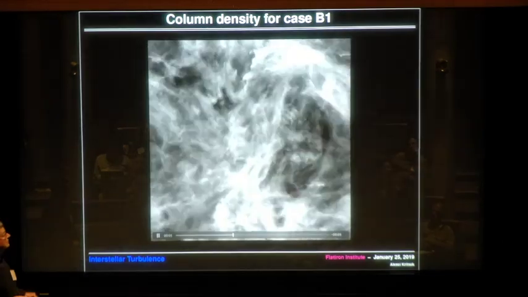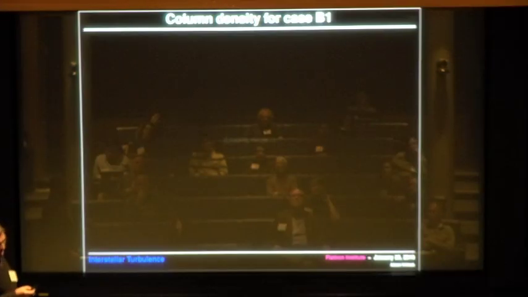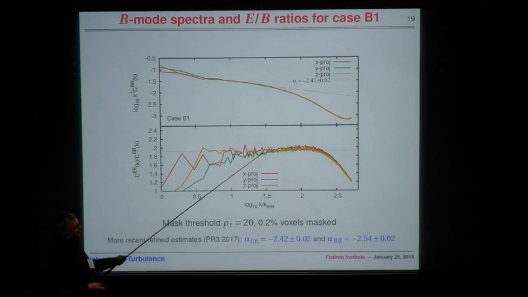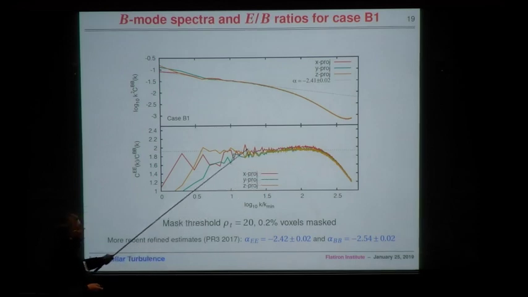And so let's now look at the isothermal models. So this is again a movie which shows evolution of column density. Amazingly, here we have to mask a little bit, just 0.2%, to get a very confident result for E to B, about 1.9 across a wide range of scales.